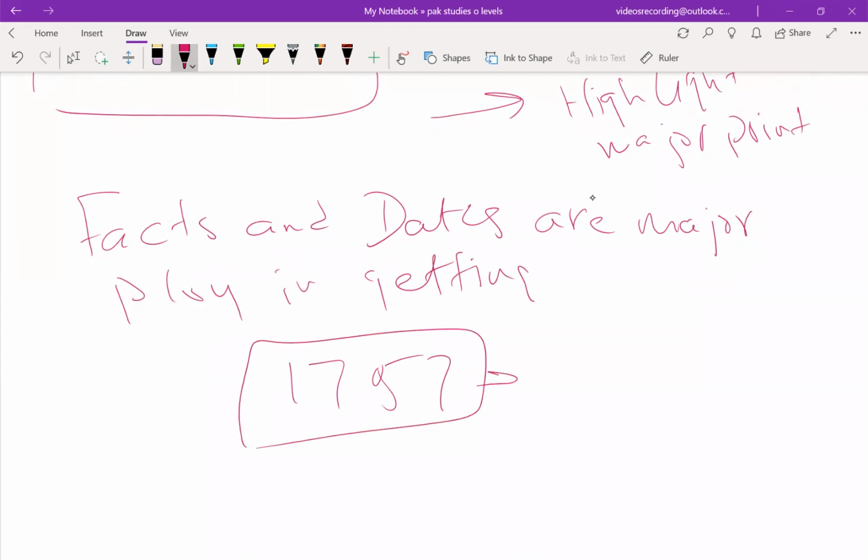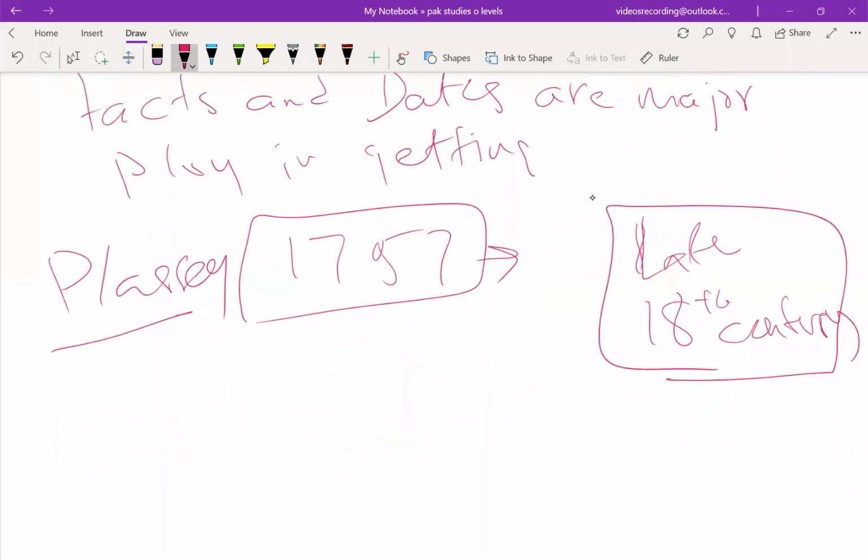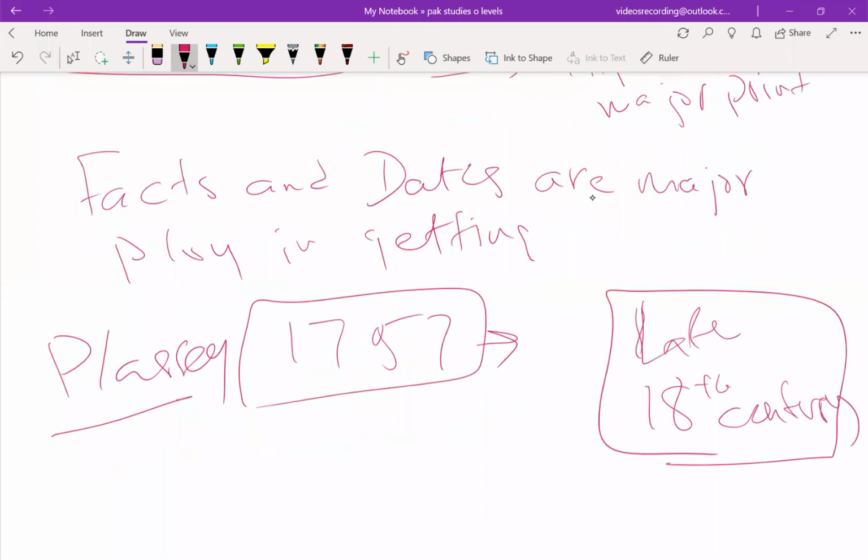As a safety measure, you can say that the Battle of Plassey happened in the late 18th century, which is a very general but correct statement. That way, the examiner will know that you have correctly identified the era without knowing the exact date, so you will not lose marks for it.